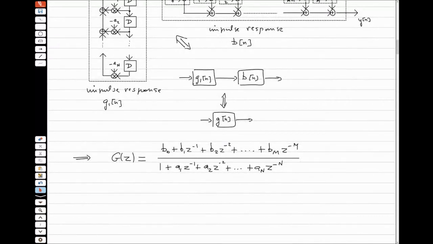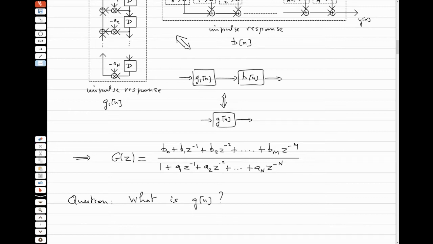All right. Now, the next step, question: what is g of n? So you want to perform an inverse Z transform of this fraction.